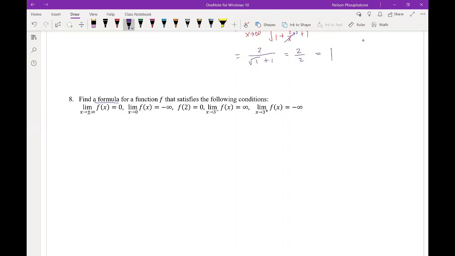Again, in this case we have a horizontal asymptote, y is equal to 0, and a vertical asymptote, x is equal to 0.